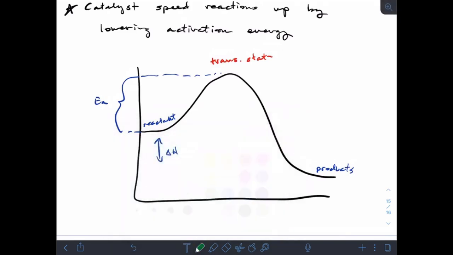Now, if I add a catalyst in, what happens to our graph is this. Okay. Our activation energy is now significantly lower. Okay. So with a lower activation energy, I will have a faster reaction.